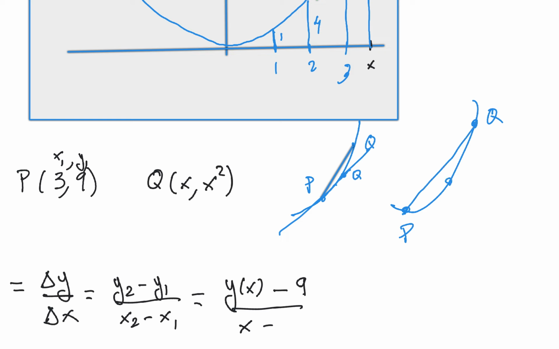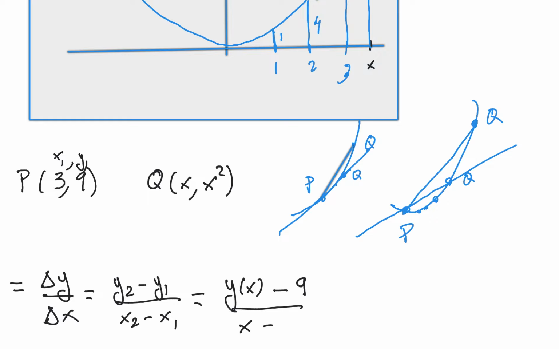But when Q is here and P stays fixed, the slope is different. So the question is, what is the slope when Q is approaching P, when x is approaching 3?